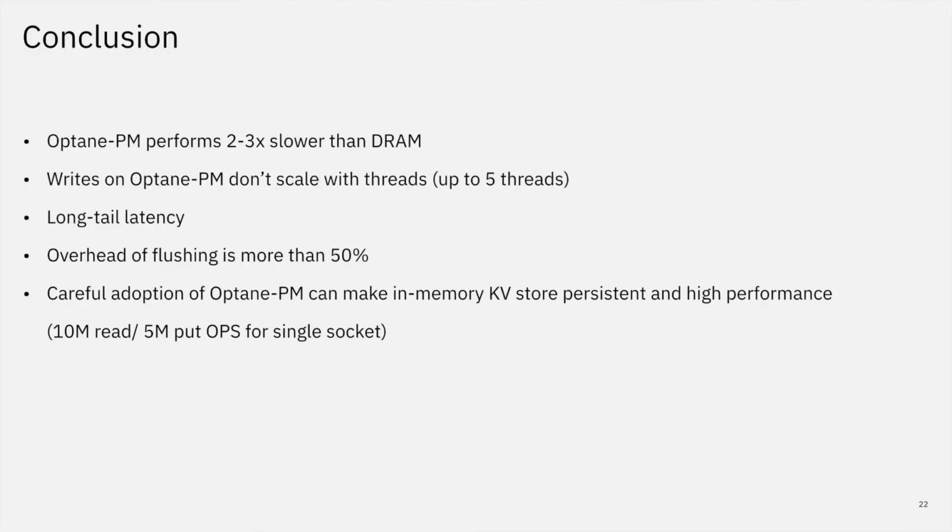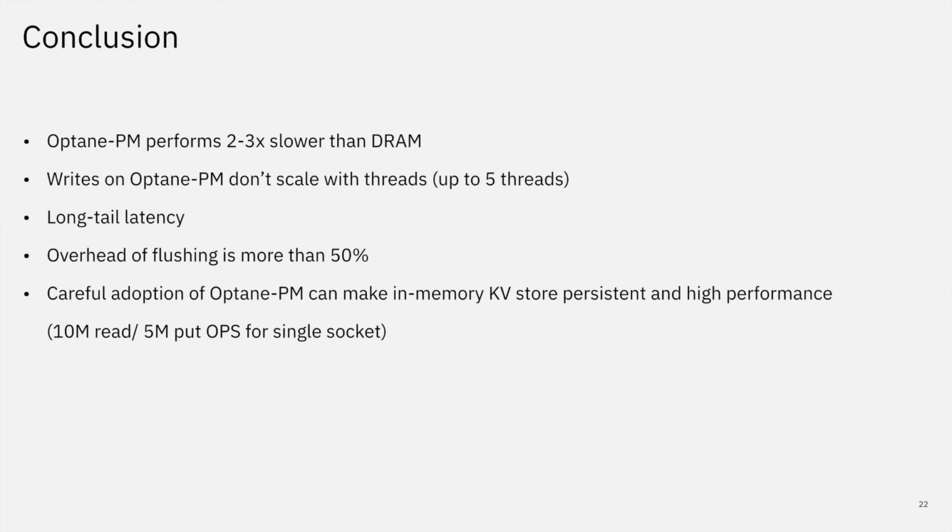In this paper, we revisited the performance of Optane PM and its implications for in-memory key-value stores. We found that Optane PM performs 2 to 3 times slower than DRAM, and a persistent memory key-value store can be up to 5.8 times slower than in-DRAM key-value stores.